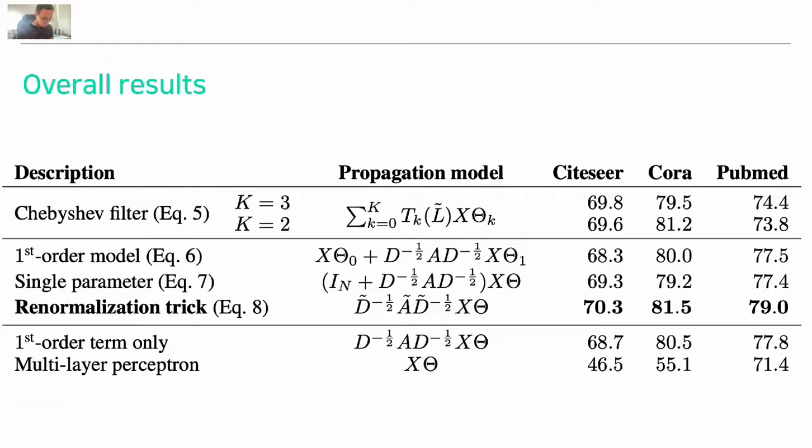When you see the result, GCN is better compared to the previous one. They have the theoretical relationship, and in PubMed it has a better result, but the others are not much different from each other.